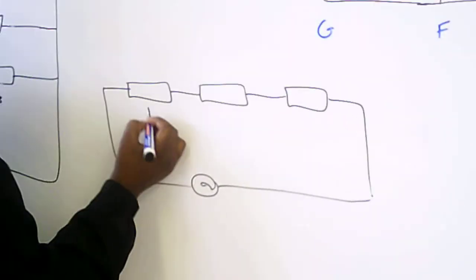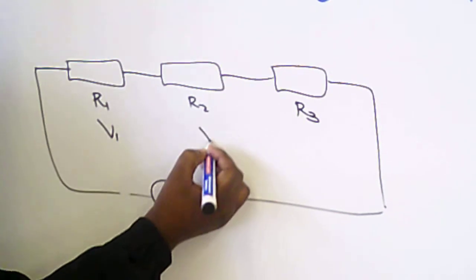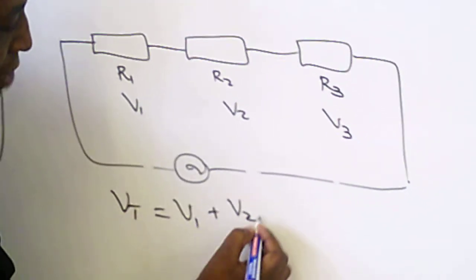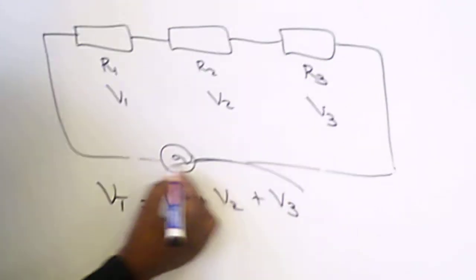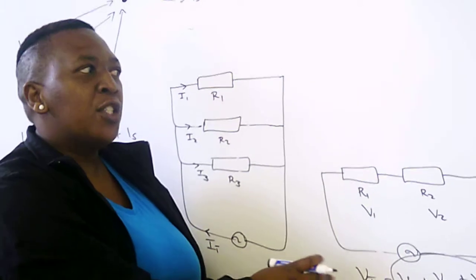Name your resistors R1, R2, and R3, then we have the volt drops V1, V2, and V3. So V total is equal to V1 plus V2 plus V3. When I add my 3 voltages, it must give me the V total. Here we are explaining Kirchhoff's second law, the voltage law.